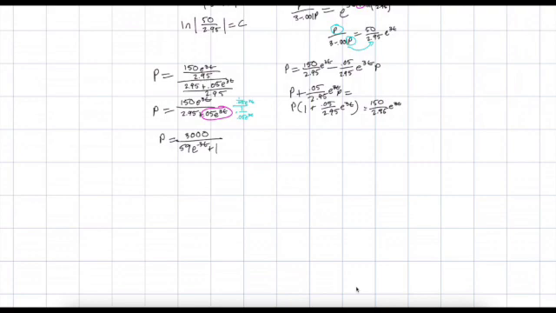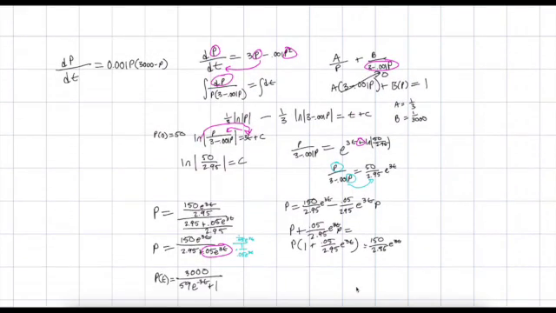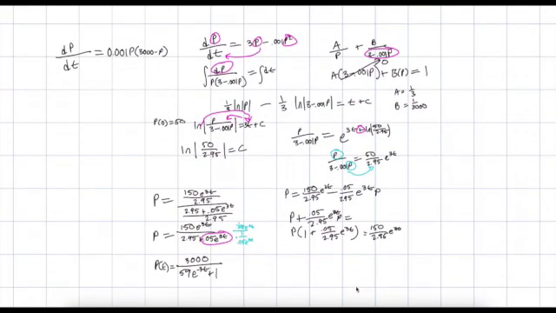All right, so this is it. This is your p of t. I'll write that a bit nicer. So this is your p of t that you can use as your function for your population as a function of time.